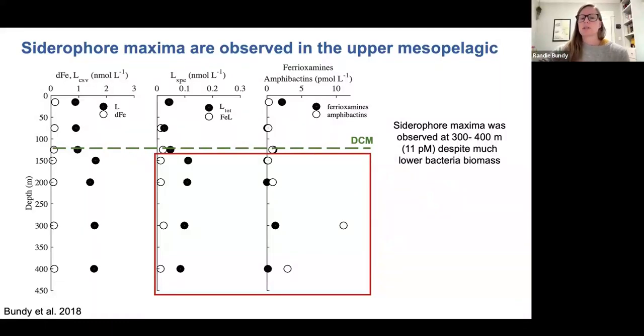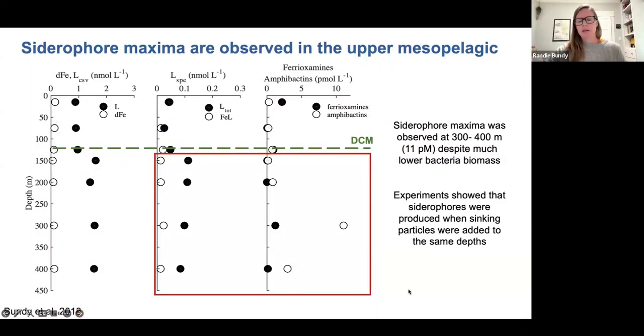Although this is in a zone where dissolved iron is typically still very low and the ferrocline is a bit deeper here. But this was super surprising to us because there's a lot lower bacterial biomass here. We thought most of the action would be in the surface waters. So this was interesting.